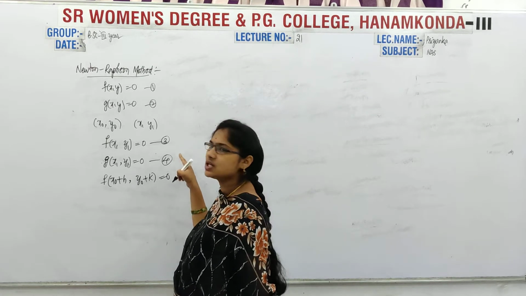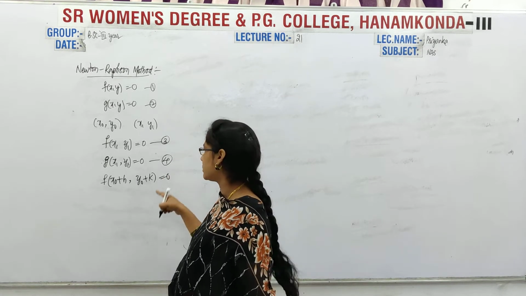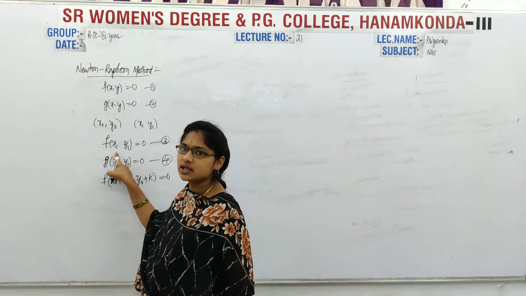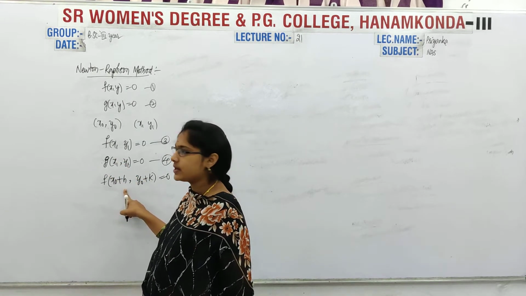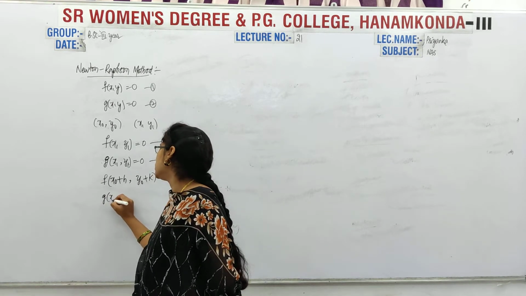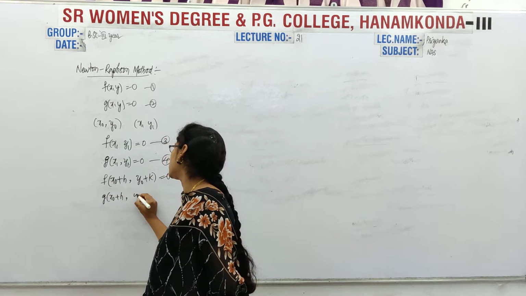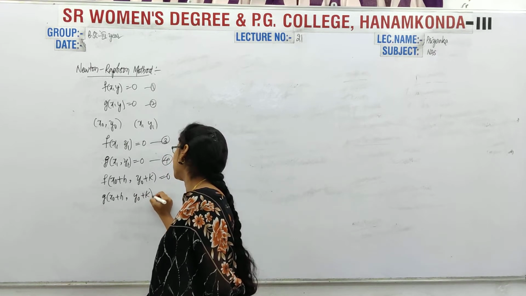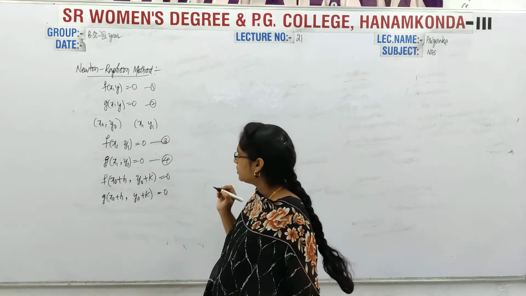I am writing equations 3 and 4 like this, taking x1 equal to x0 plus h, y1 equal to y0 plus k. Similarly, g of x0 plus h comma y0 plus k equal to 0.